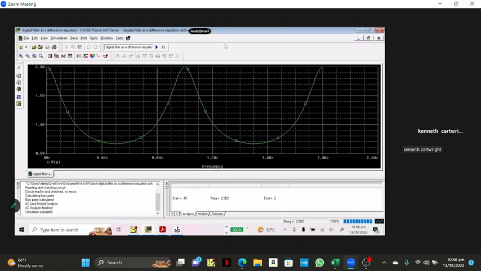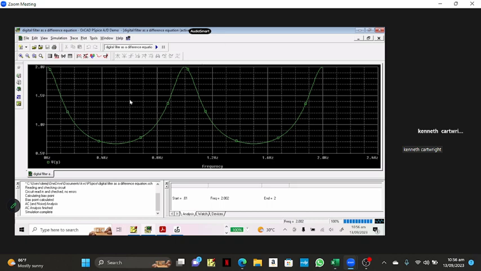So we plot amplitude versus frequency. And we see that our delay time was 1 second. I'll tell you how you know that in a second. Our delay time is 1 second.